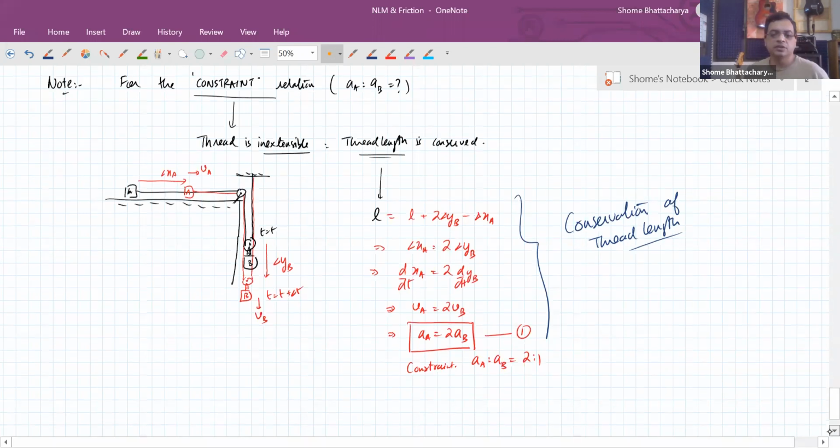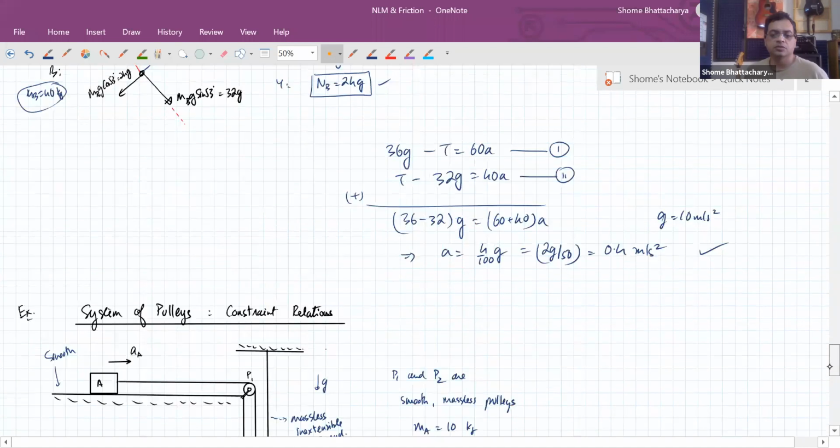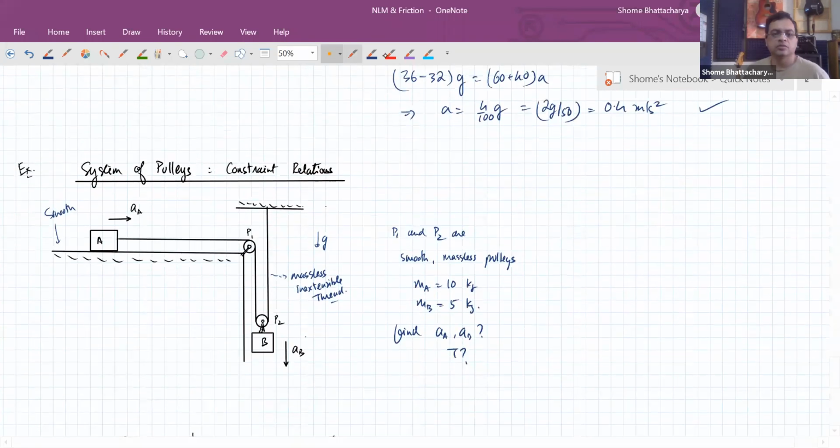Now the rest of the thing is about the free body diagram. If we look at the forces in this diagram, we can quickly make the free body diagram from that.